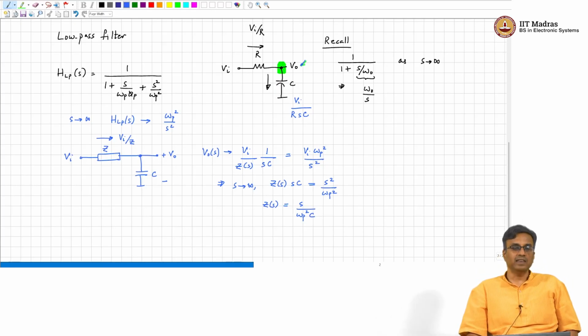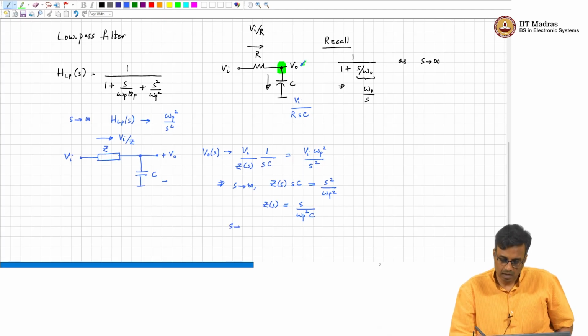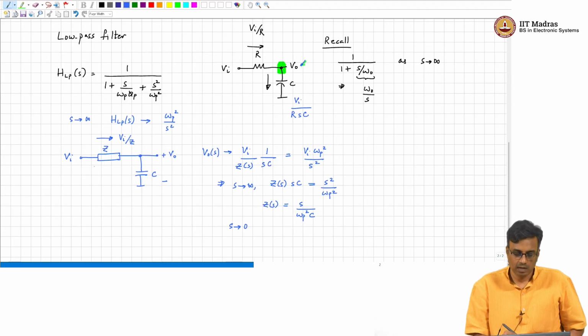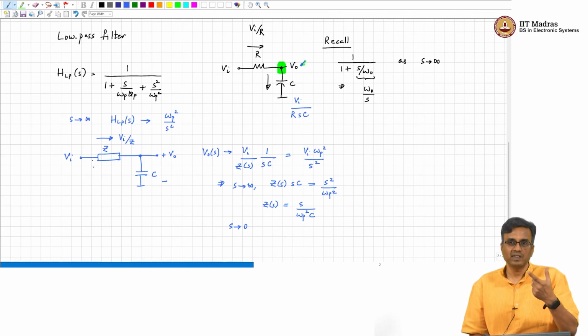And at DC, the capacitor is open, and what must the DC impedance of Z be? It does not matter whether it is 0 or a non-zero constant, because no current is flowing through it. The only thing is it cannot be infinite at DC.